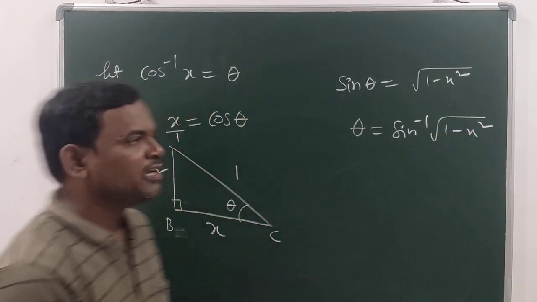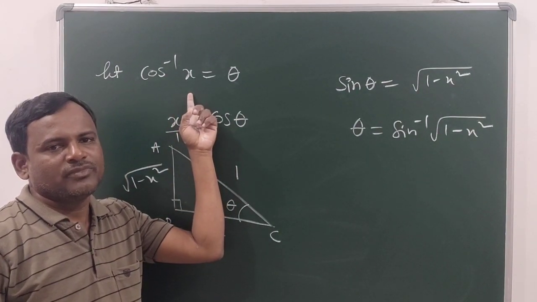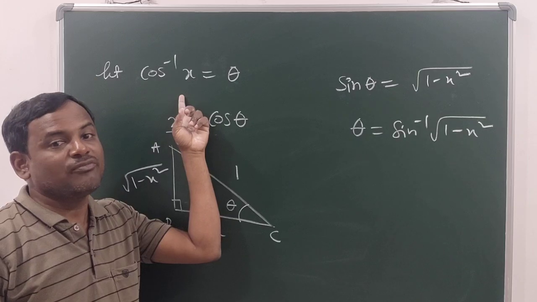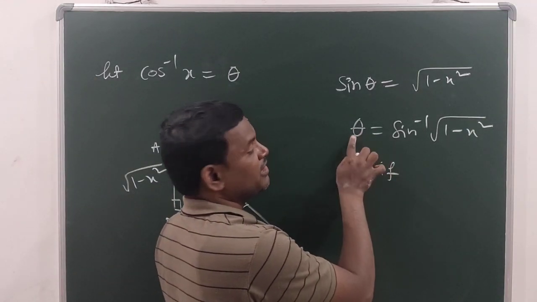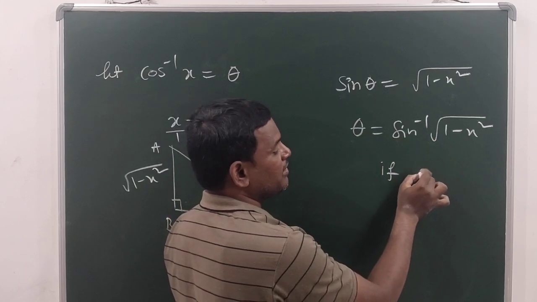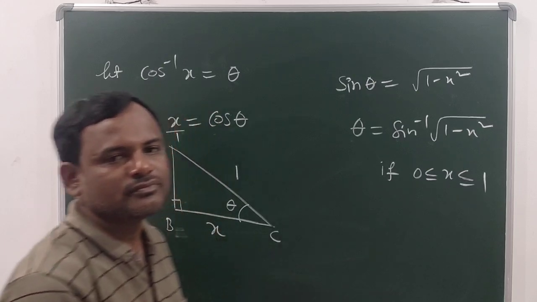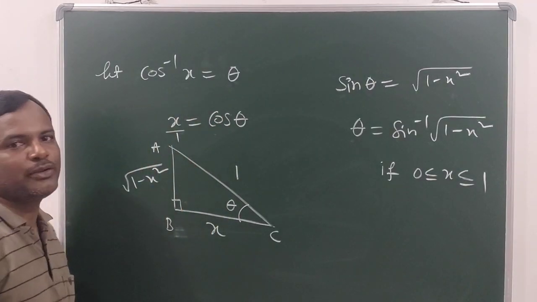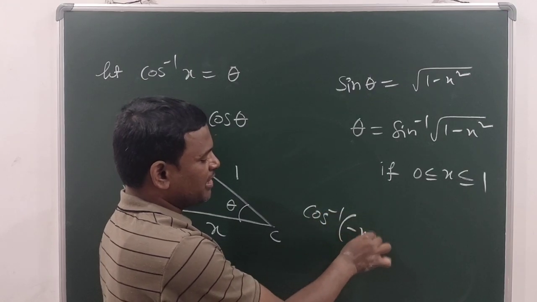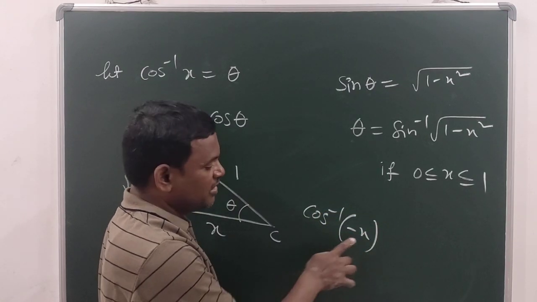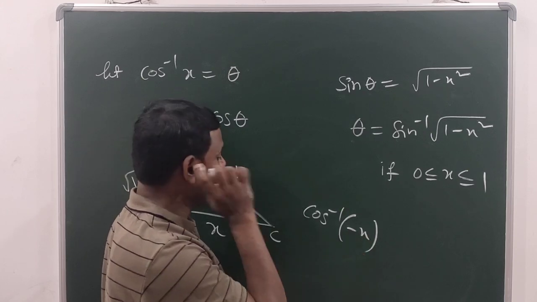Here also, cos inverse of x domain, here x will take the closed interval of -1 to 1, no? So that here theta is equal to this much when x value is 0 to 1. Suppose this x is negative. So you know cos inverse of minus x, x value from where to where?